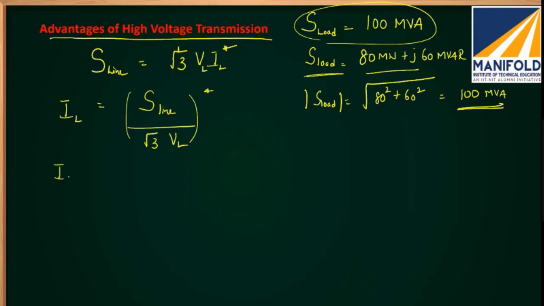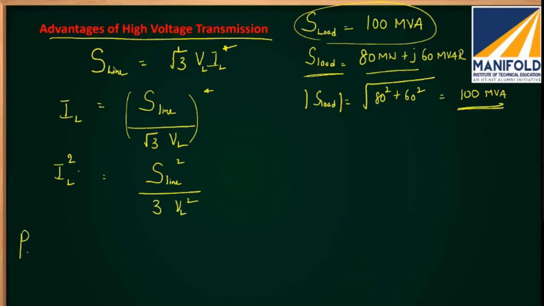Now IL square into R into 3 is the power loss in the transmission line. First let us write IL square. IL square will become S line square by 3 into VL square.